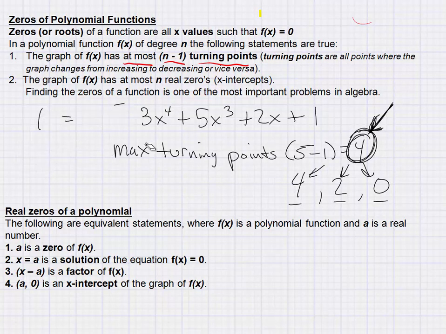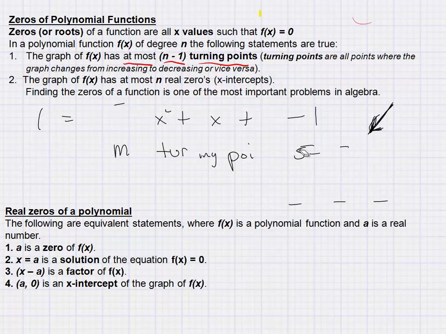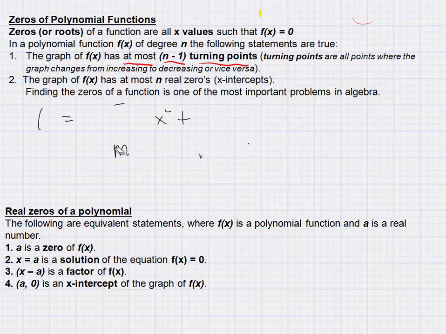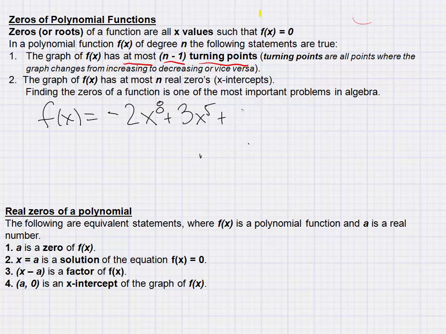I'll give you another one. If I give you f of x equals negative 2x to the 8th plus 3x to the 5th plus 2x squared plus 1, the degree of this is equal to 8.